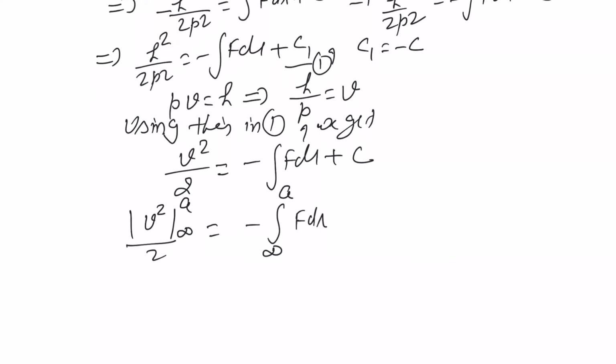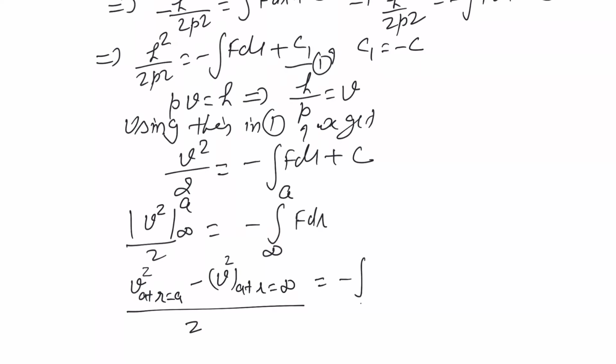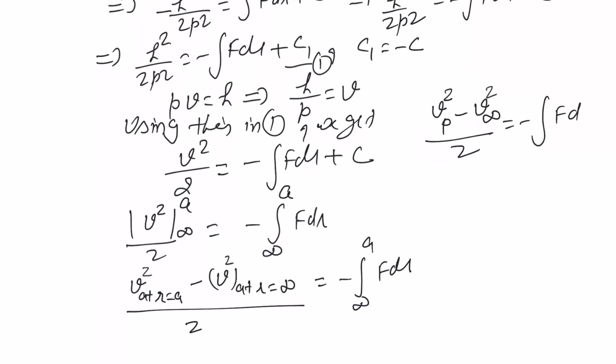This further implies that v squared by 2 at r equal to a minus v squared by 2 at r equal to infinity is equal to minus the integral of f dr from infinity to a.